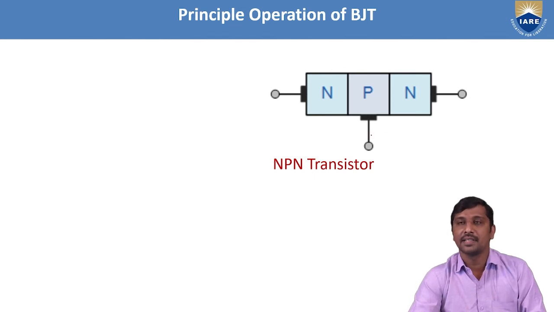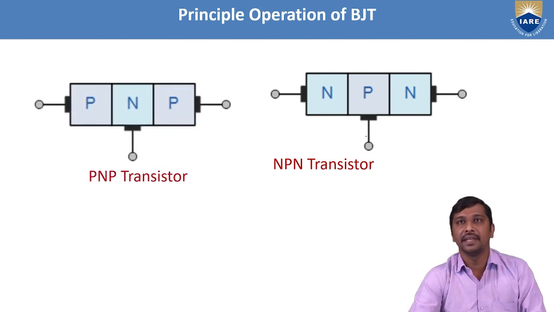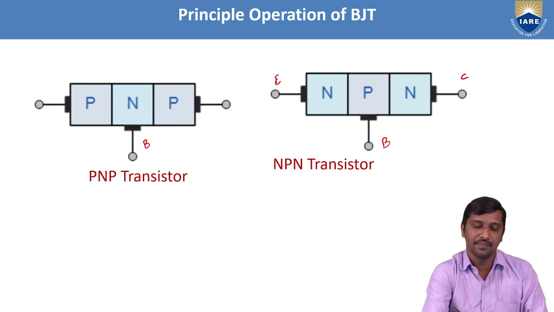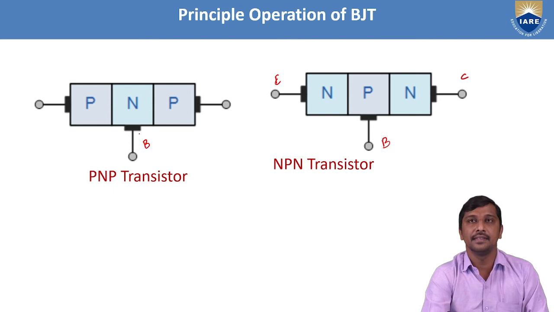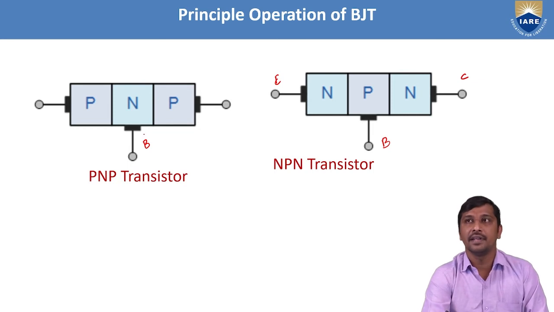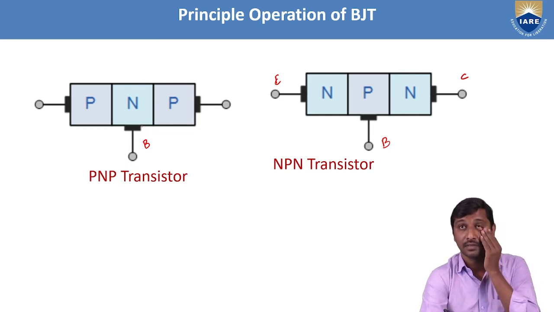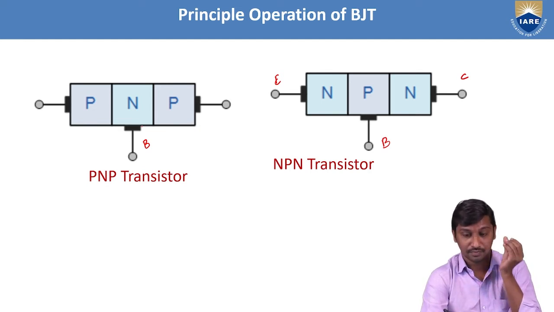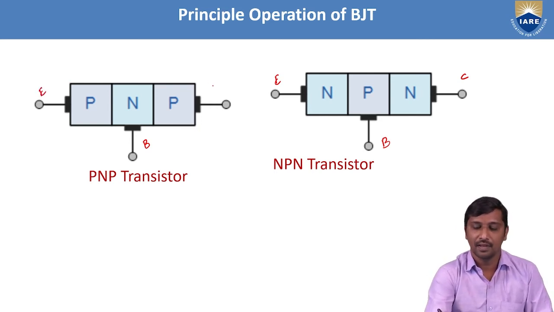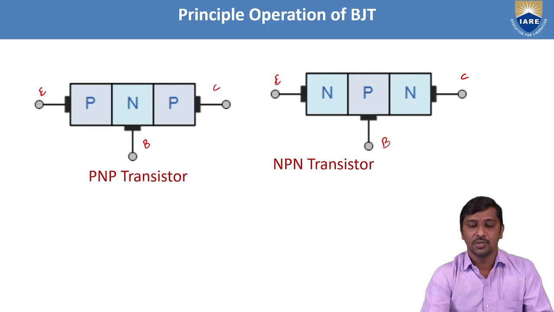Now, this is the symbolic representation of the NPN and PNP transistor, and this is represented as the base, and here this is the emitter and the collector. Similarly, this is the base. Remember which material is there. Based on that material, we need to satisfy the definition of the transistor. Here, this is the emitter and the collector.